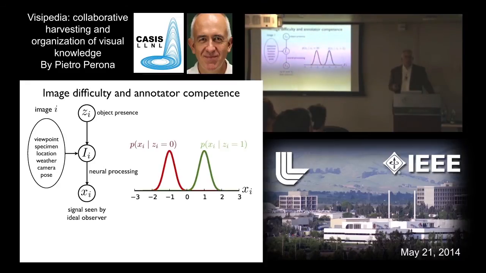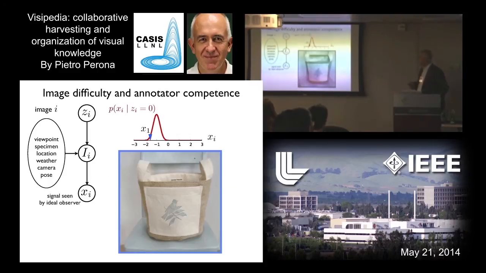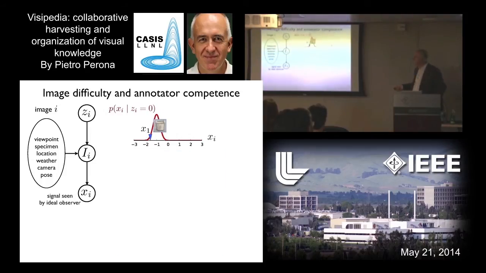And so how could you possibly decide? Well, it's simple. You have a threshold on xi, and if your signal is above threshold, you say yes. If it's below threshold, you say no. That's very simple, and all of us know about it. Let's think about what happens when one image is observed, and a certain value xi is observed. In this case, it's a very low value because the image is clearly not an Indigo Bunting.